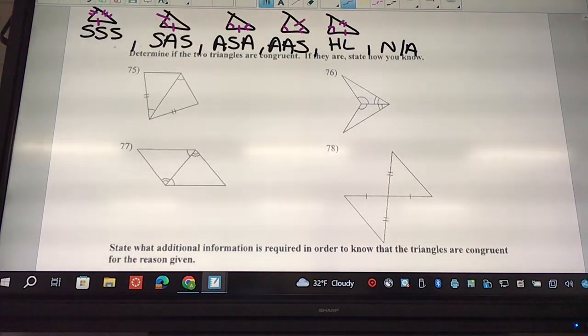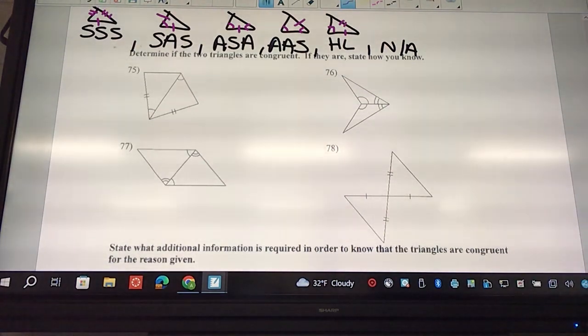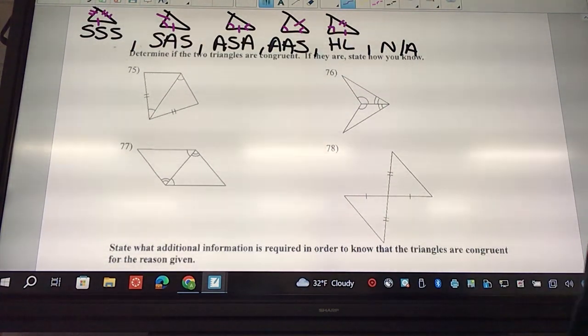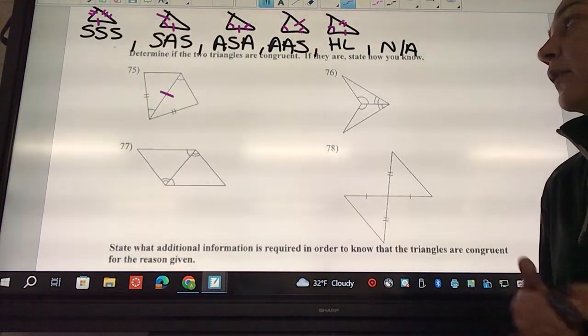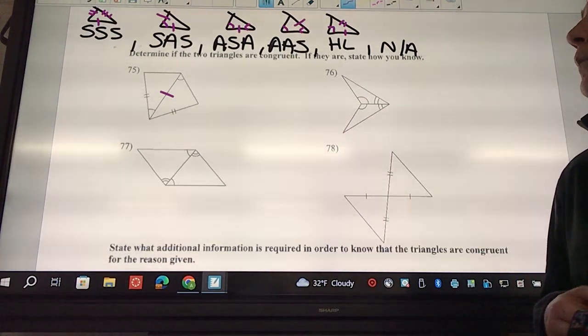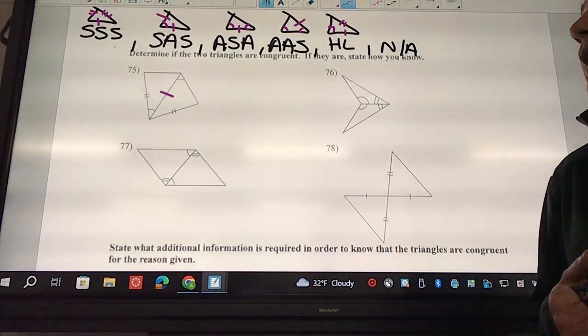So if we look at 75, again, we've talked about this before, but we are allowed to mark one thing and one thing only if the triangles are touching. What is the one thing I can mark? The middle. Okay, so if I mark the middle, that's side, angle, side. It is not side, angle, side. Why not?